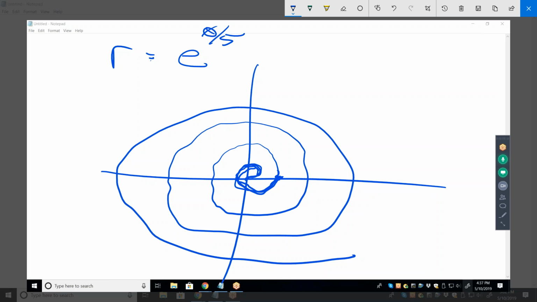The second loop around gets you to there, the third loop gets you to there, and so forth. So it goes on and on. It's also called a logarithmic spiral, and it spirals infinitely both toward the pole and away from it.